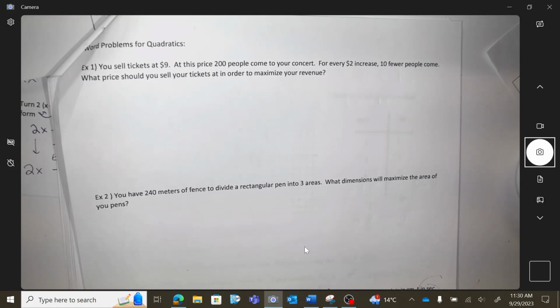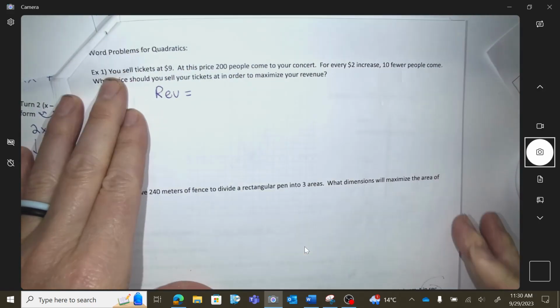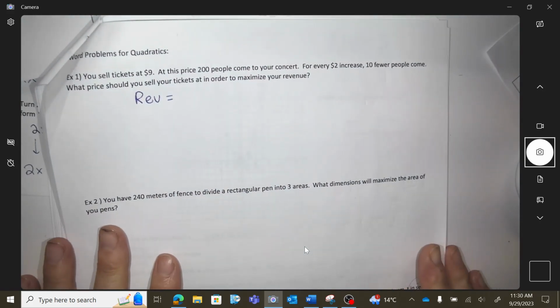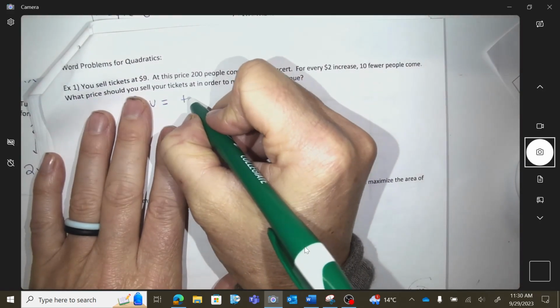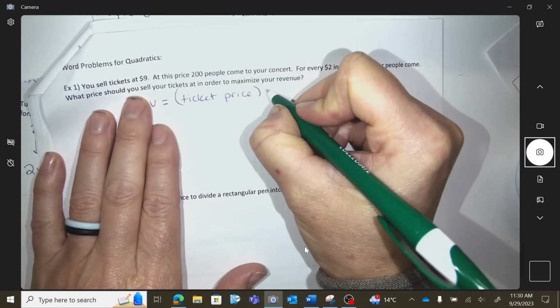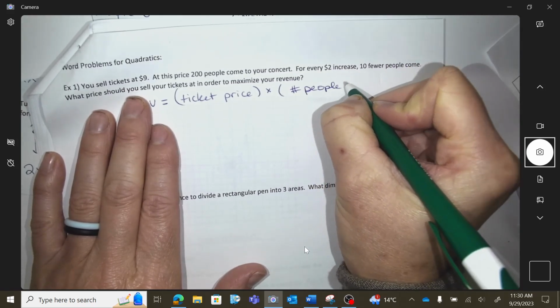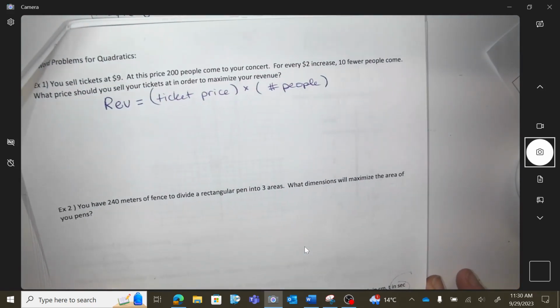Okay, you're having a concert and you're trying to make money. So, here's what we're going to do. The revenue. Would it make sense if I did my ticket price times the number of people? Would that make you the money?